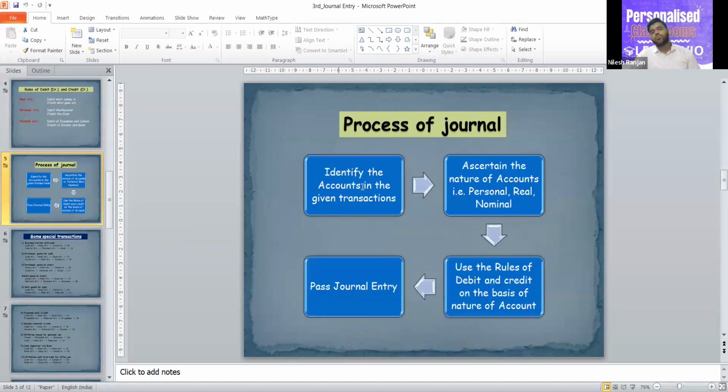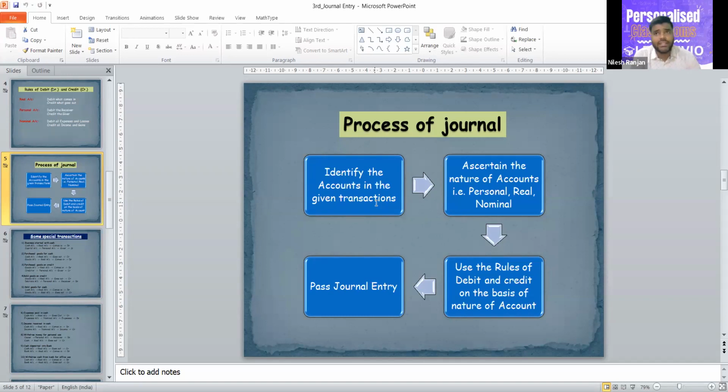First of all, you have to identify the accounts in the given transaction. Any transaction will be given in the question. You have to find out the accounts that are involved, that are affected by that transaction. So the first point is: identify the accounts. Now, the second point is ascertain the nature of account, that is personal, real, nominal.